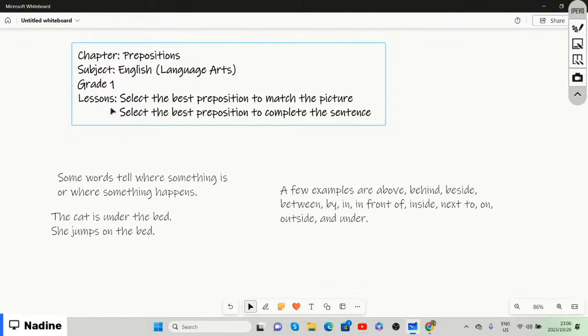The lessons that we are focusing on today are to select the best preposition to match the picture, as well as to select the best preposition to complete the sentence. So that is going to be our focus under our chapter of prepositions.